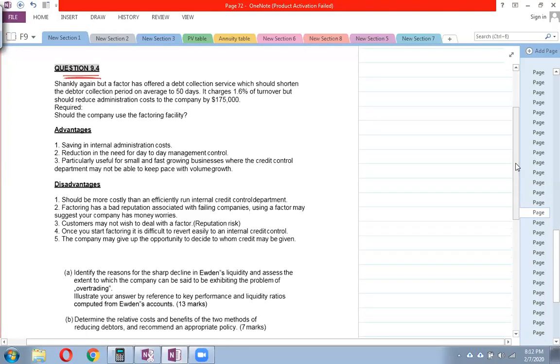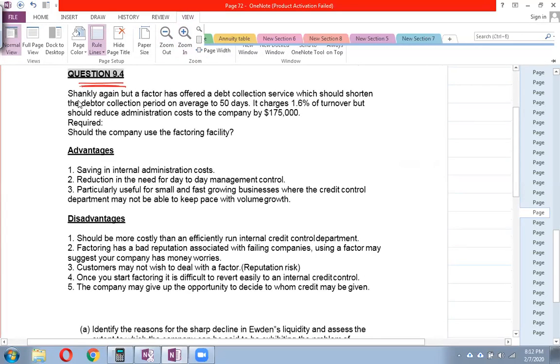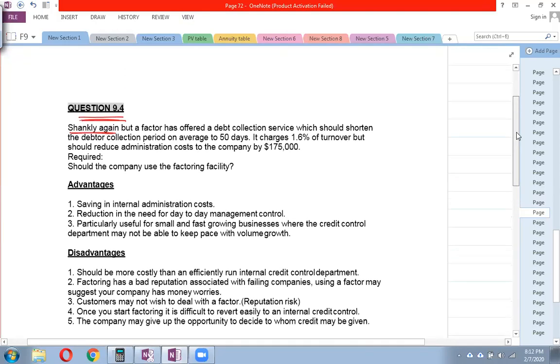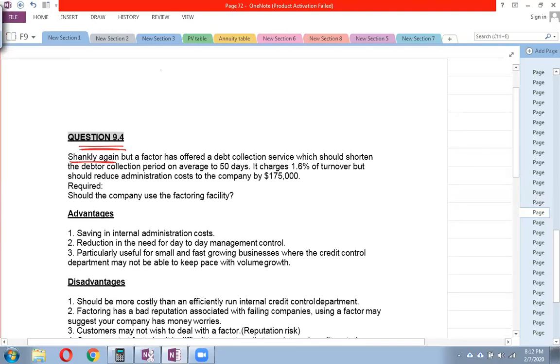Question 9.4. It's again Shankly. It's the same question, so I'm going to write the facts relevant to the previous question, right? The fact was that our current interest cost is 1.12 million.